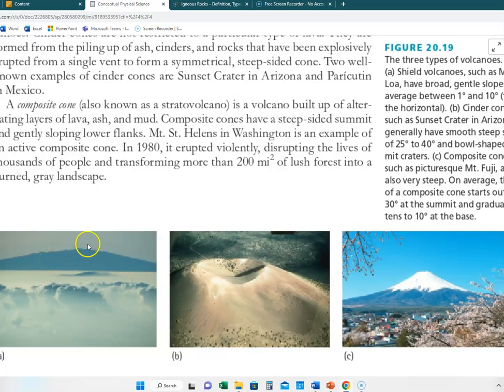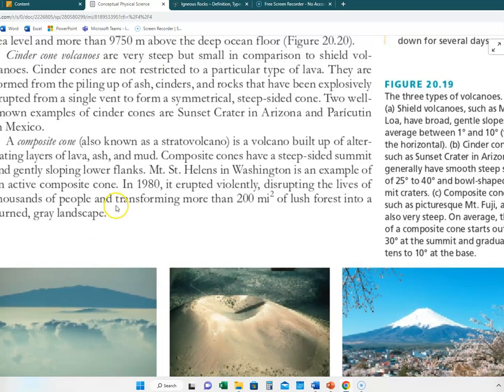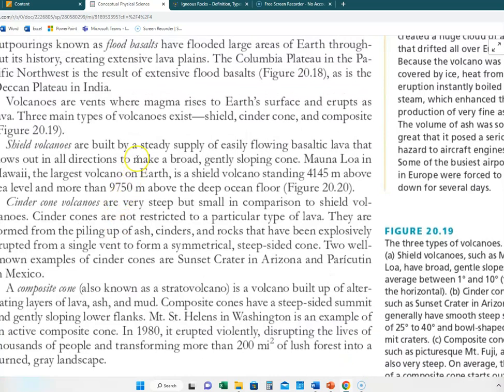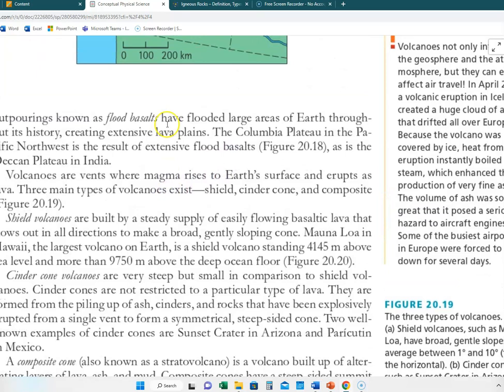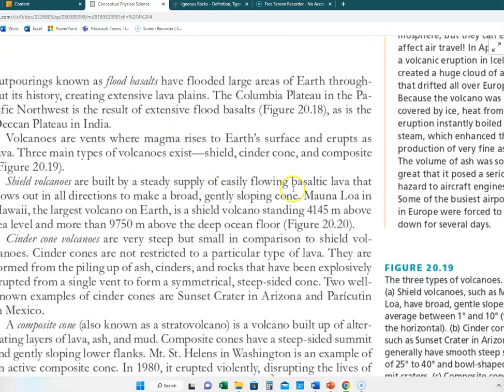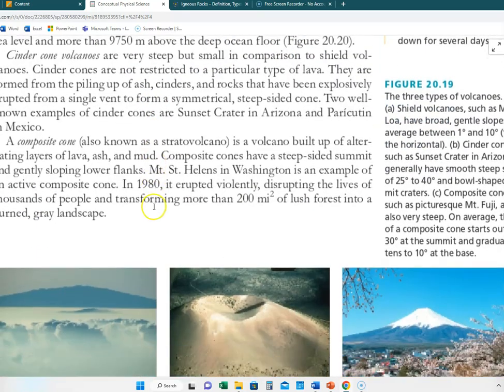The reason that we have shield volcanoes has to do with the way the lava comes out. If the lava easily comes out and forms over a huge amount of time, hundreds of thousands to millions of years, you'll get this very, very wide volcano, and the slope of the shield volcano is very, very low.